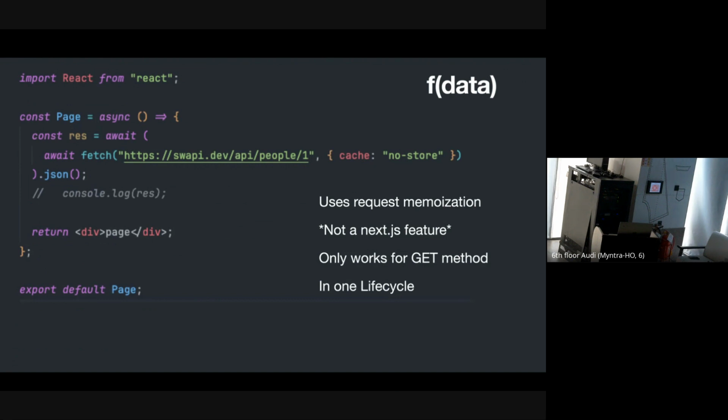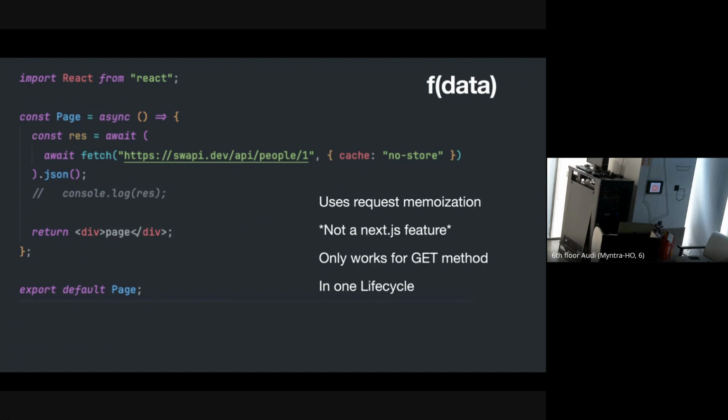But that's not the exact case. In reality, in the whole life cycle of a React component, the API call is made just once, and then the results are cached. Whenever you use the variable the second time, it reuses the results that were fetched the first time. That's all. This is how request memoization works.